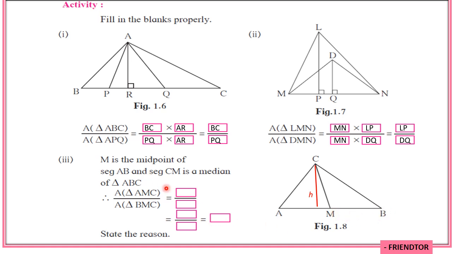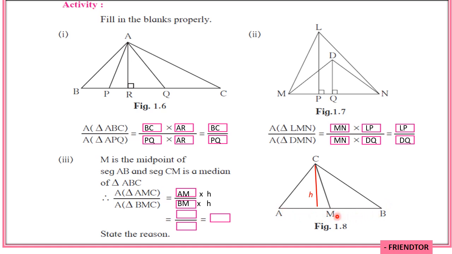So the formulas will be: area of triangle AMC will be AM into H and area of triangle BMC will be BM into H. Here the base is AM, here the base is BM, and for both the height is H. Now this H will get cancelled and what will remain is AM upon BM. Now one more thing is, since M is the midpoint, AM and BM are of equal values, or we can say AM is half of AB and BM is also half of AB.